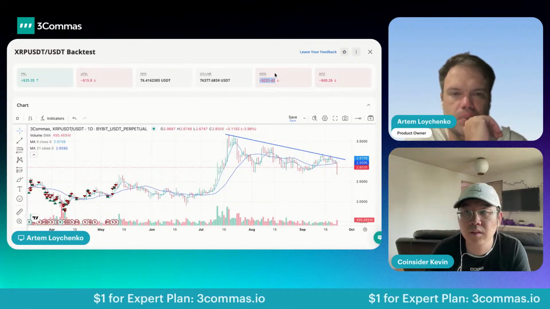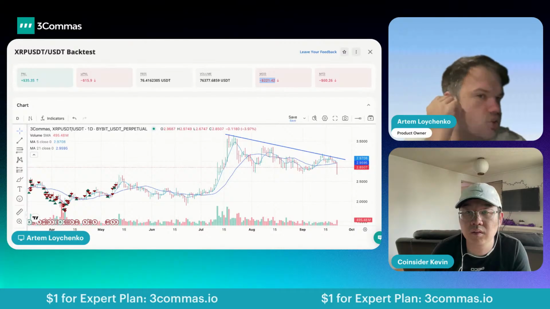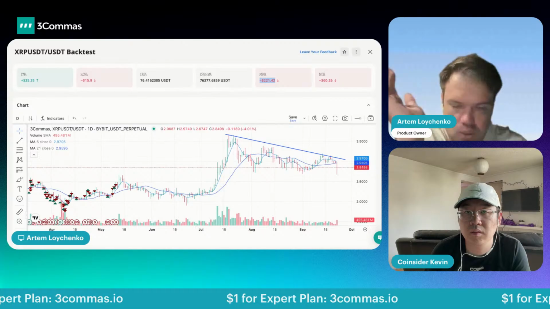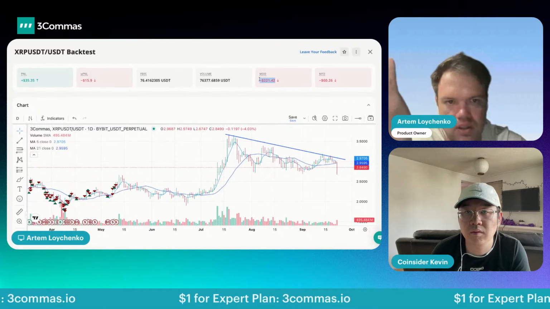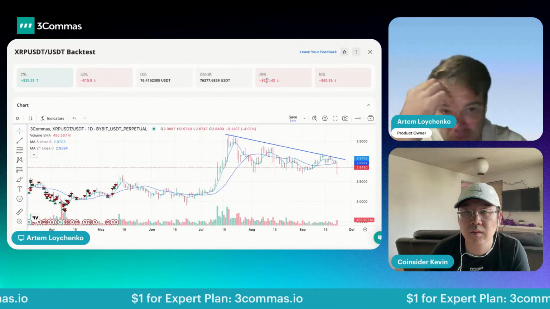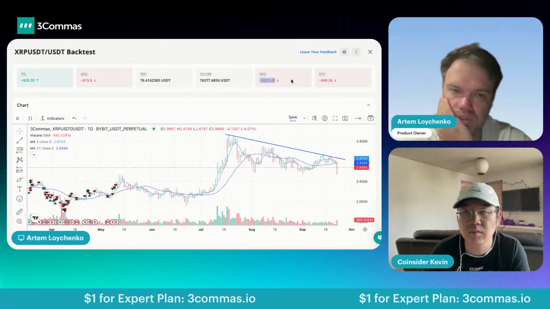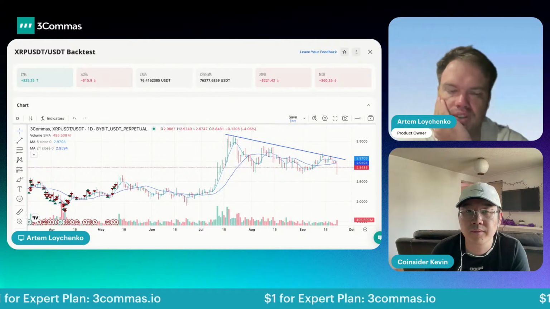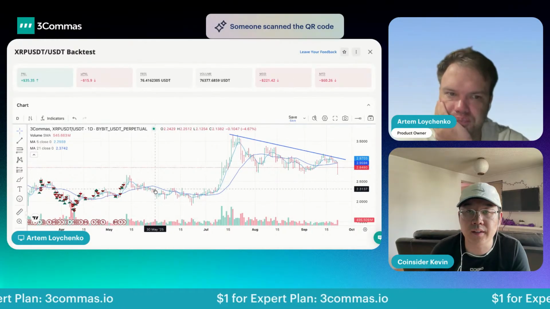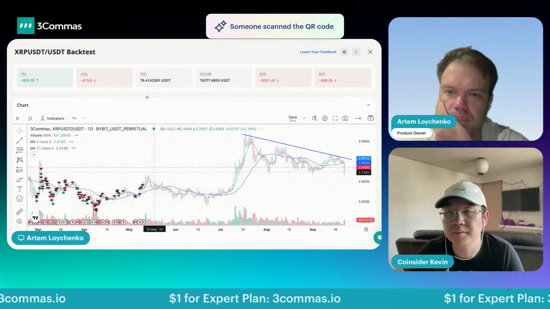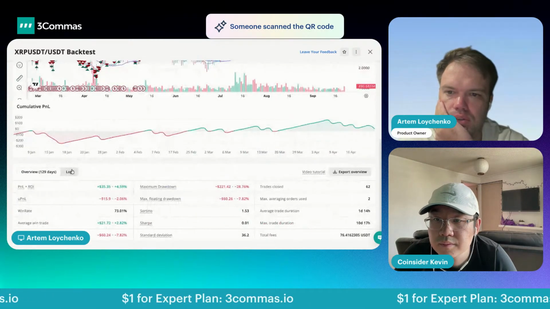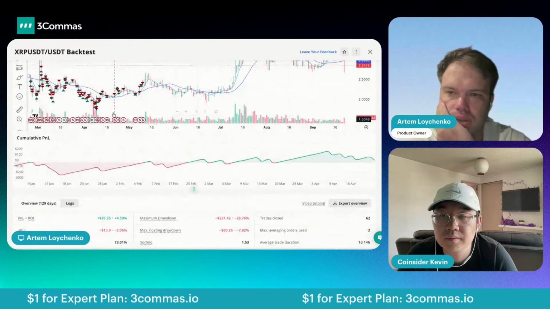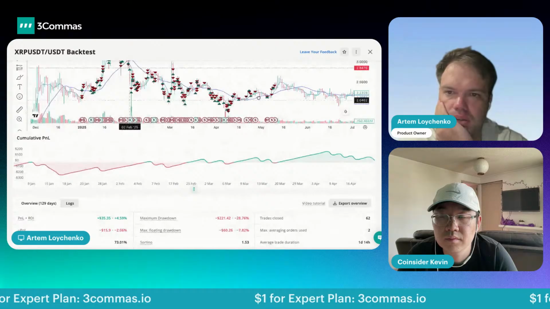So this is a maximum drawdown, meaning that from the peak of your equity, so let's say you would earn 1,000, and then this is how much you would drop from this 1,000. So this is how much you drop from the peak to the lowest point if you're hitting stop losses. Got it. Interesting. Pretty a lot of trades.